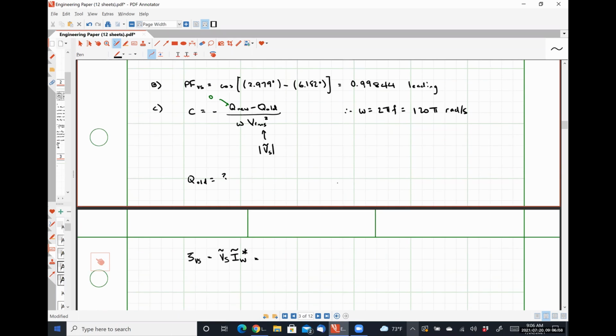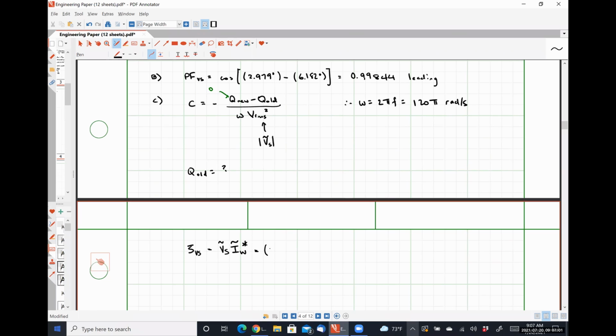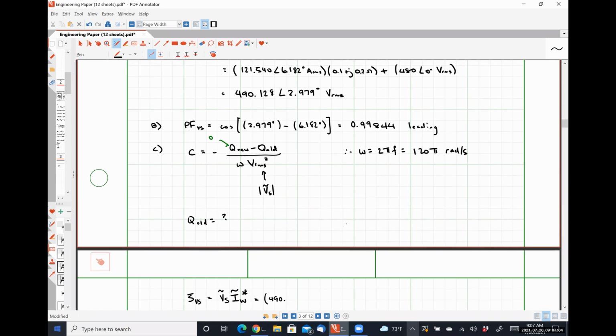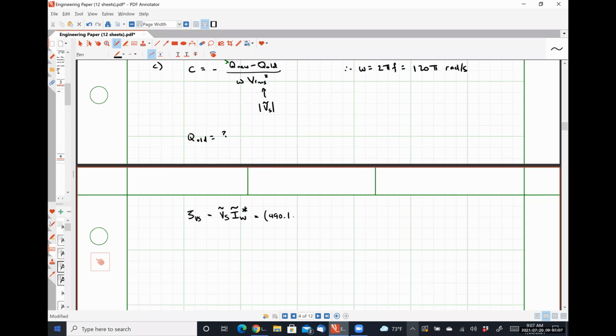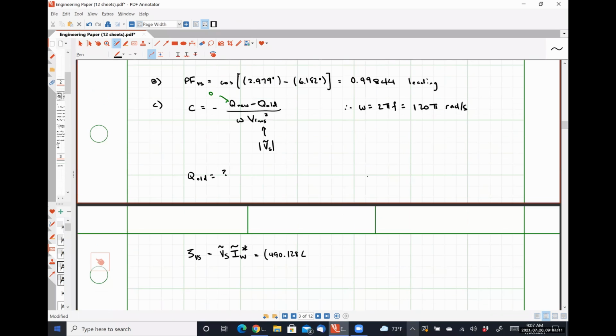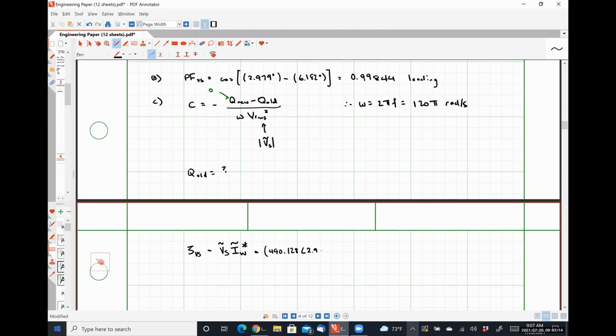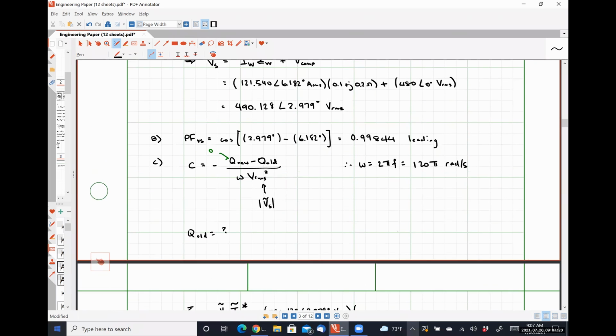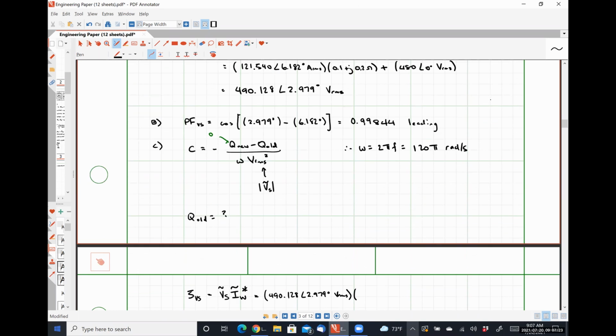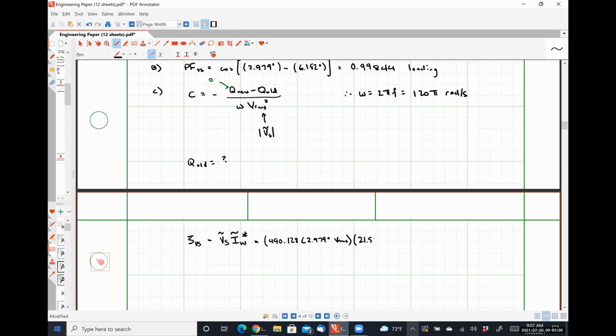So that is going to be 490.128, angle of 2.979 degrees, volts RMS, multiplied by our current, 121.540, angle negative 6.182 degrees, amps RMS, and I need to double check that real quick.